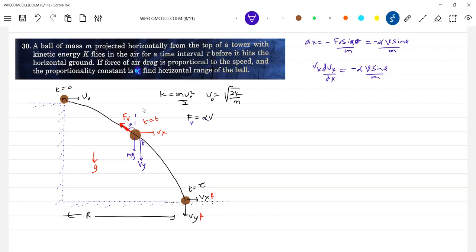The speed of the particle is v, so vx should be equal to v sine theta. Simple problem. Only thing is we should take care of the mathematical conditions very clearly. So minus alpha by m dx.